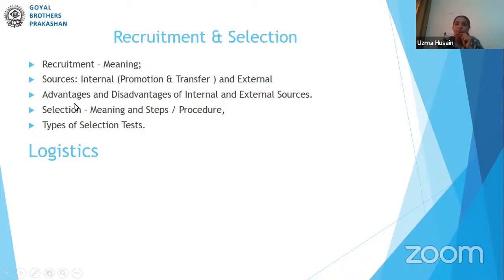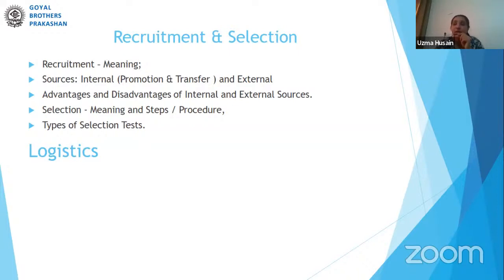Here I would suggest that you do not study a separate meaning for recruitment or for selection, but go along with the difference between recruitment and selection. Once you know the difference very well, you will be able to write a short note on a particular topic. And then we have the steps, the procedure involved in the selection process.